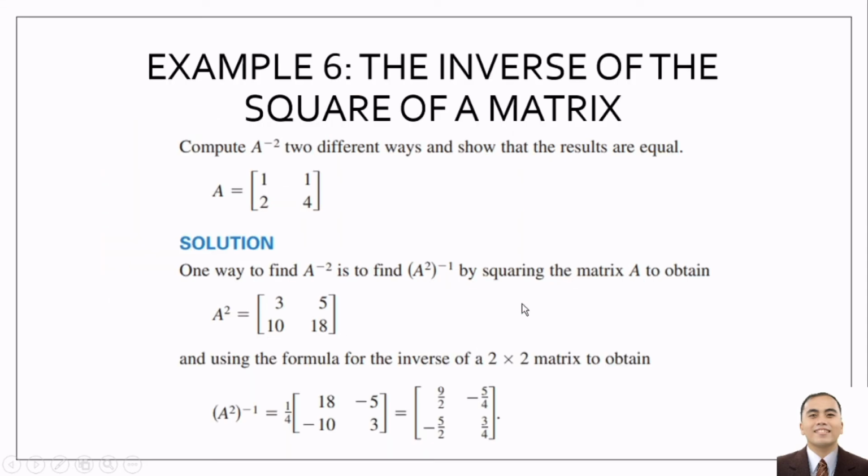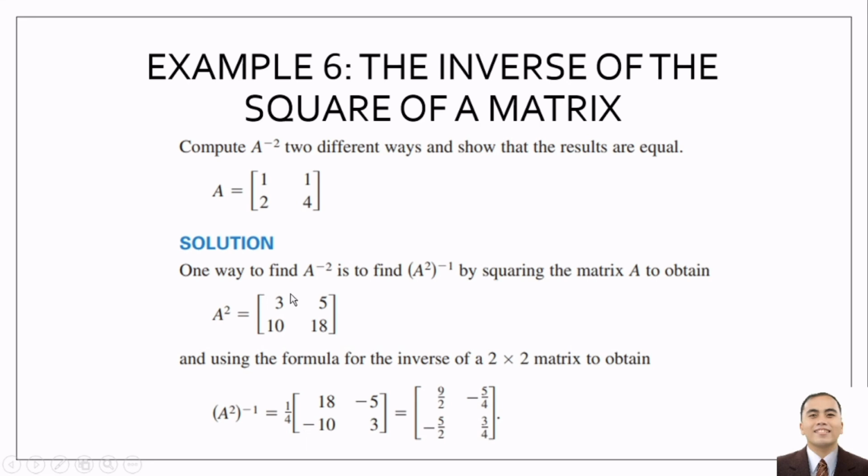In example number 6, the inverse of the square matrix: compute A raised to negative 2 two different ways and show that the results are equal. We have A is equal to 1, 1, 2, 4. Solution: one way to find A raised to negative 2 is to find A squared raised to negative 1 by squaring the matrix A to obtain A squared.